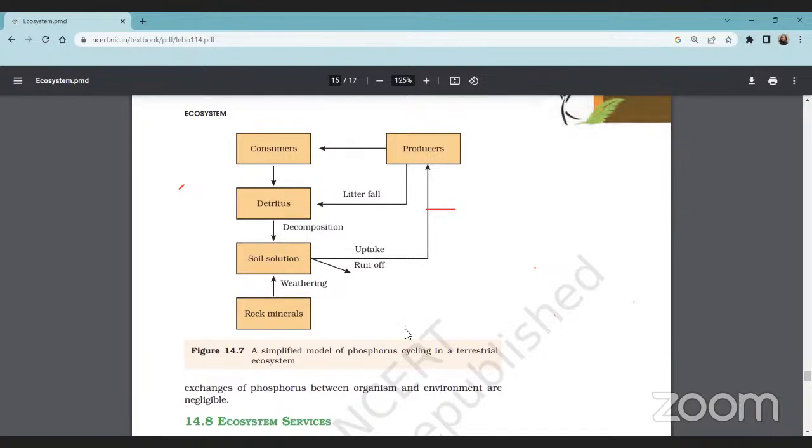In that, what is happening? Rock materials are weathering.